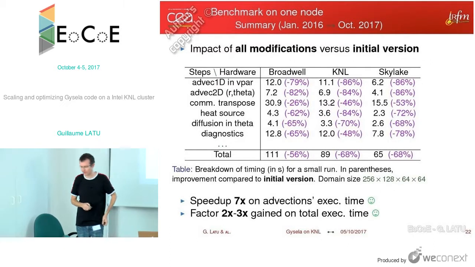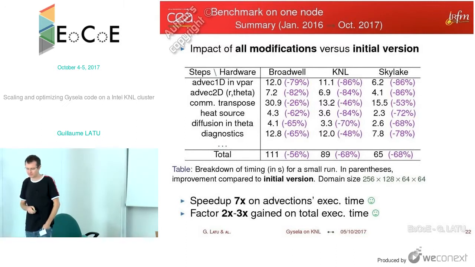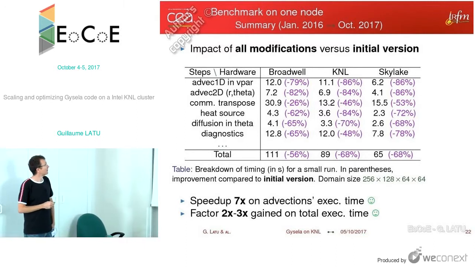So compared to the initial version, you have the comparison in terms of percentage, we have gained really a lot, and much more on KNL and Skylake, which indicates that vectorization is on a good way. So a speed up of 7 on advection, so it's not nothing. 7 is a really big improvement.